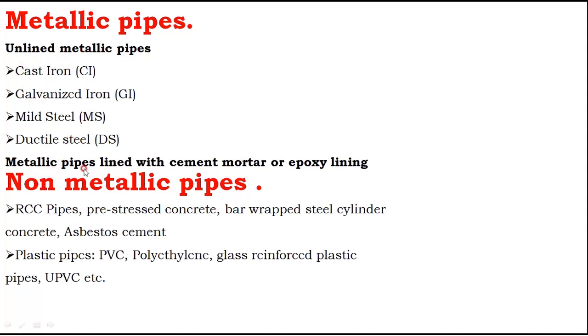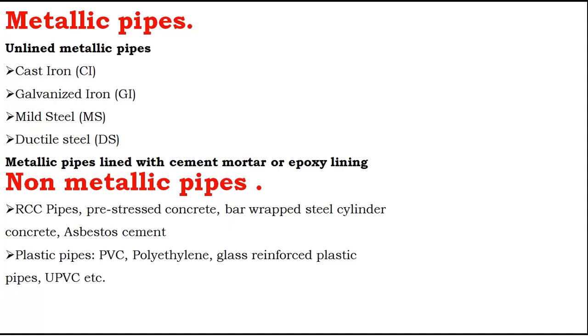Then metallic pipes lined with cement mortar or epoxy lining. Inside the pipe you can see sometimes cement mortar is coated, sometimes not only inside, sometimes even outside also. Why? Because the outer diameter of the pipe will be exposed to soil. Soil will have many chemicals inside, some even oxygen, air, some groundwater chemicals.